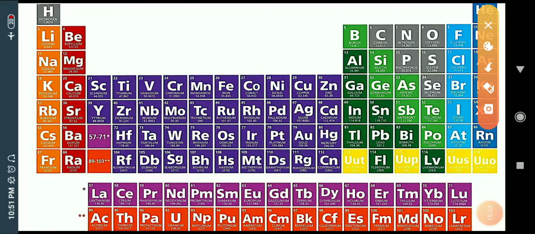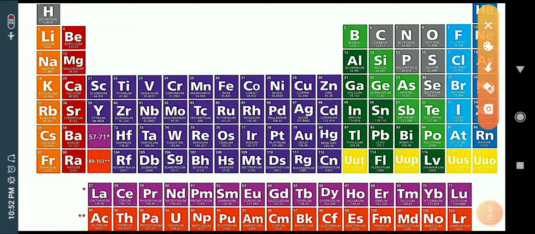It means we can simply say p block contains metals, non-metals and metalloids. Fluorine, chlorine, bromine, iodine, astatine are also non-metals. Astatine is radioactive.